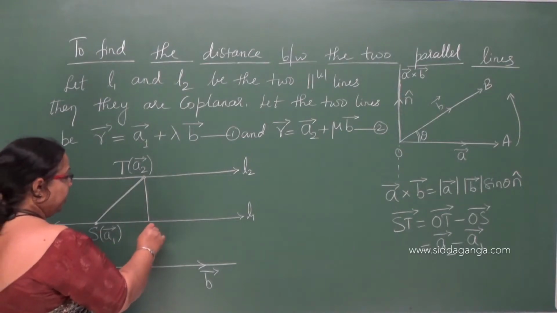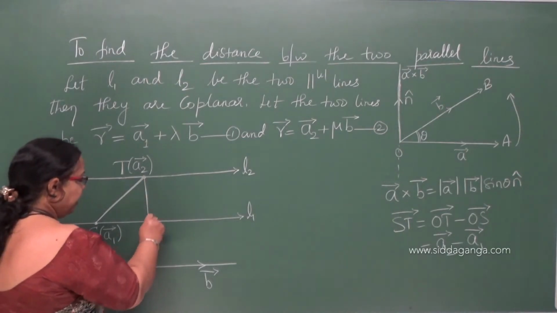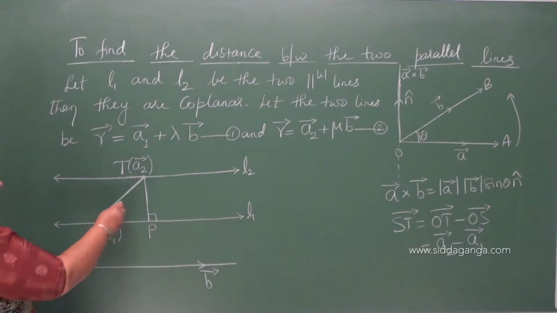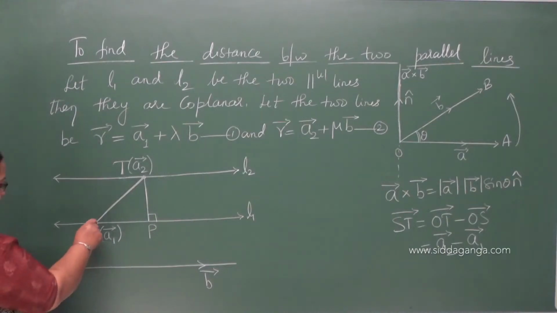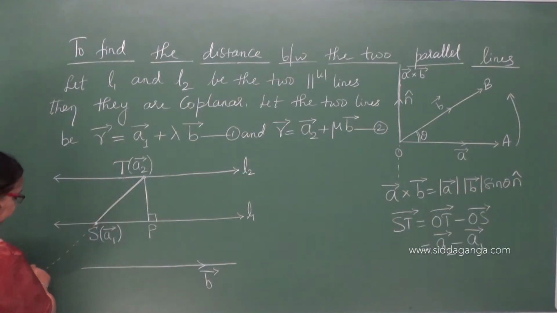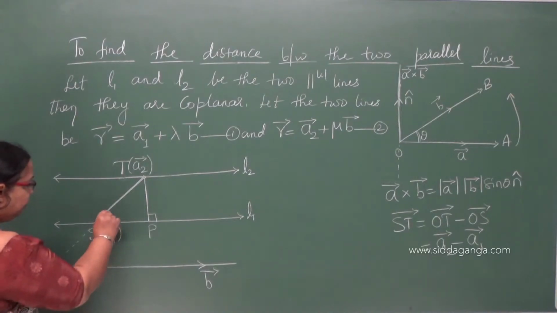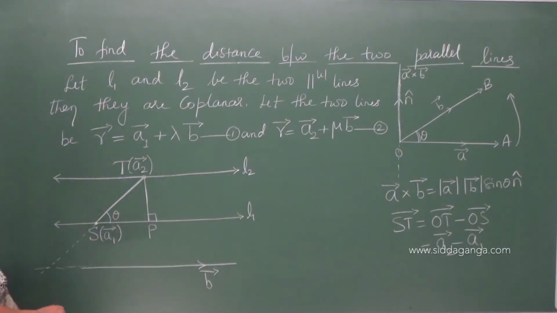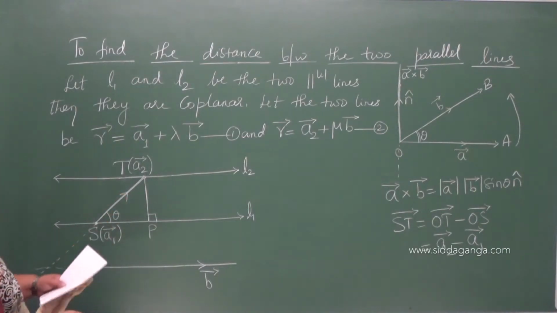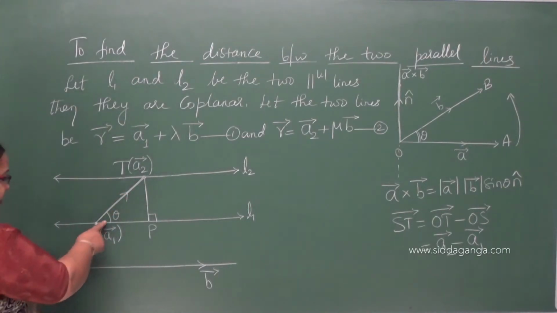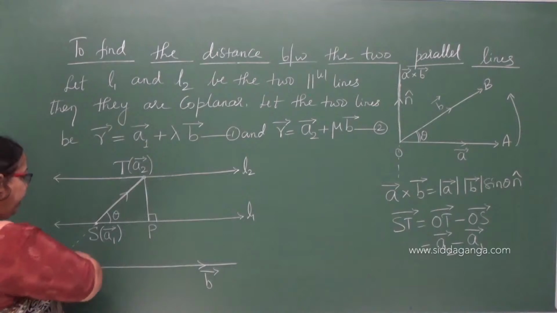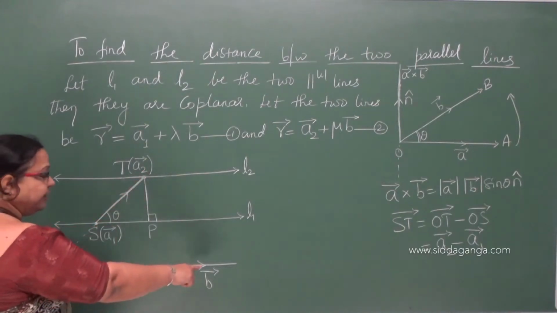So now you draw the perpendicular, and let P be the perpendicular foot. Now see, let us extend ST. Then you take the angle between vector ST and vector b as theta. I will extend vector b and ST, these two angles are the same. So let theta be the angle between vector ST and vector b.